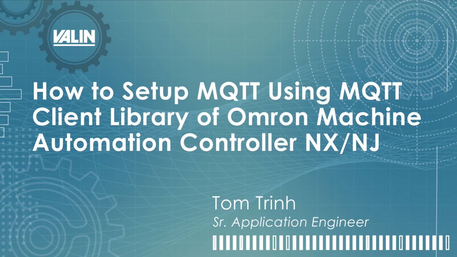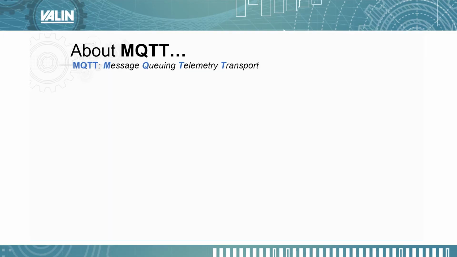Let's get started. So first and foremost, what is MQTT? MQTT is Message Queuing Telemetry Transport. It basically allows machine processes to publish topics, and other machines and processes can subscribe to those topics and get the data.